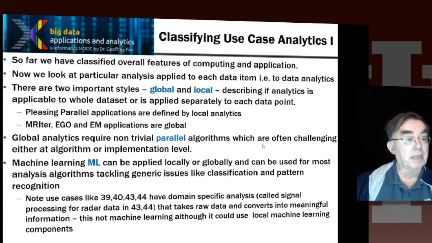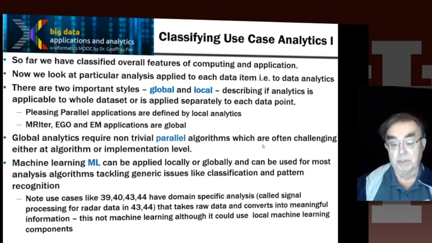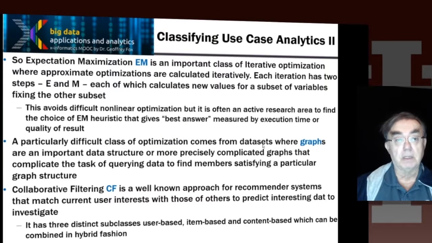And remember, in the particle physics example, that global step ended up as histogramming, which is really not machine learning. It's too simple to be called machine learning.